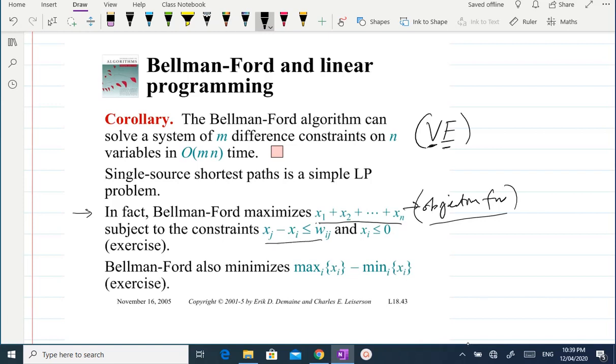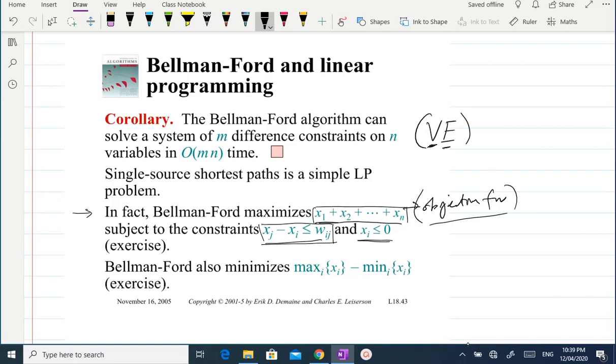From the linear programming point of view, you will say that I will try to maximize the sum of all the variables, which is your objective function, provided I satisfy all the constraints. So by using Bellman Ford, both these things are satisfied, which is important.